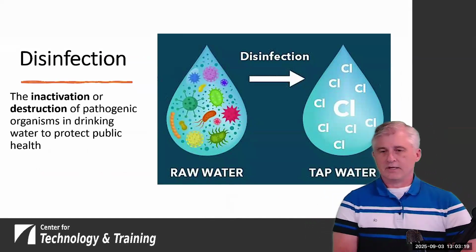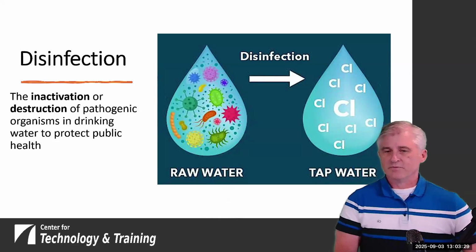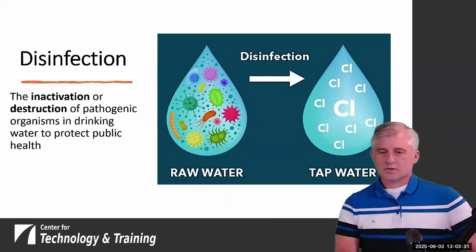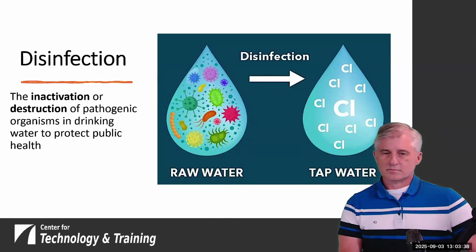So why do we add chlorine, or why do we use UV or ozone? Because we need to kill the bugs, the pathogens that are in surface water. We need to kill those to provide safe drinking water to the public and protect public health.